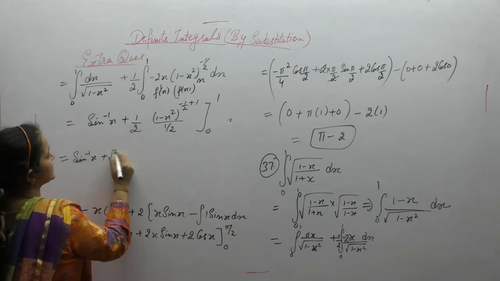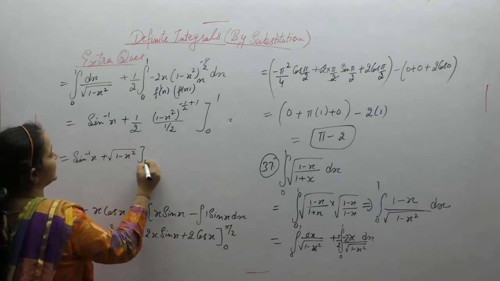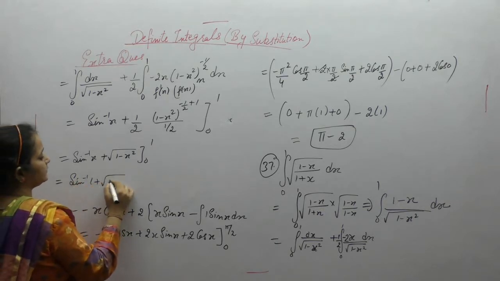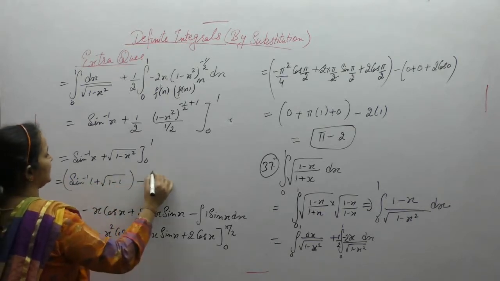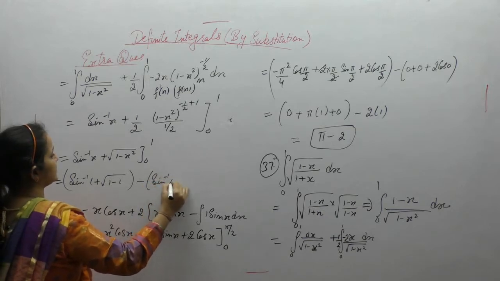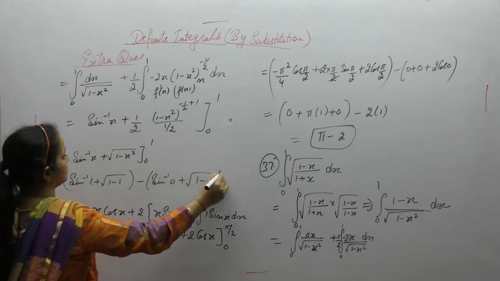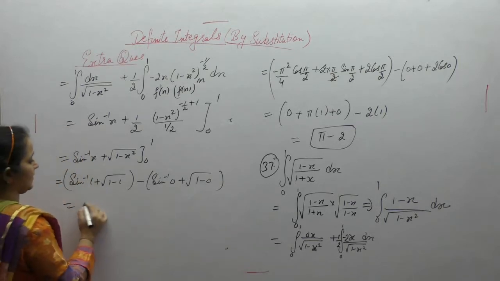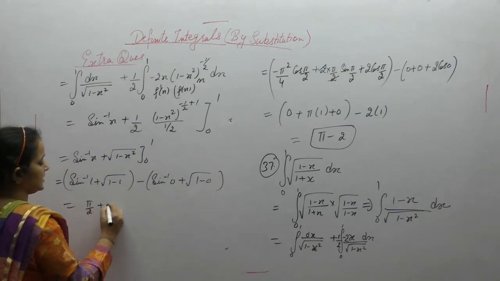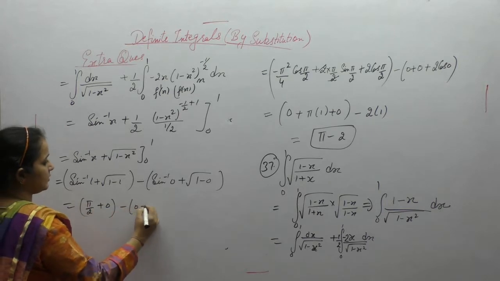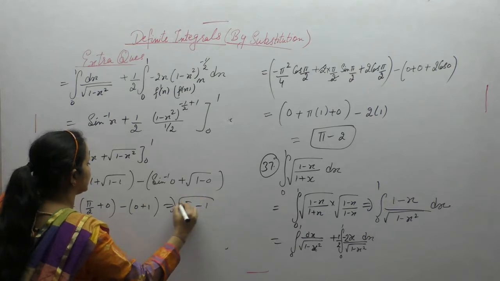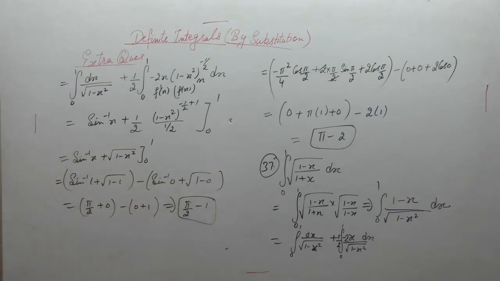So we get sin inverse x plus square root of 1 minus x square. Upper limit sin inverse 1 minus lower limit sin inverse 0. Sin inverse 1 is equal to pi by 2, sin inverse 0 is 0. So the answer is pi by 2 minus 1.